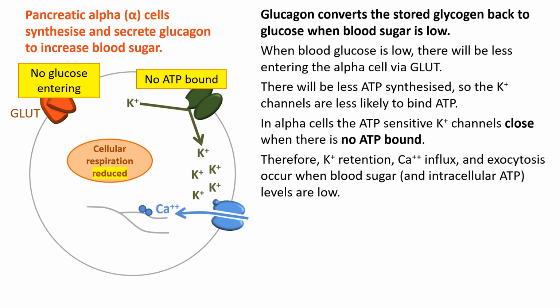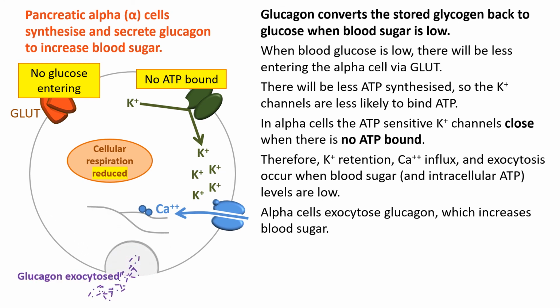And just like in our beta cells though, if we close that potassium channel, we're going to retain potassium. When we retain potassium, it gives us a small area of depolarization. That area of depolarization then causes our calcium channels to reach threshold, calcium channels open, and we have a calcium influx. That calcium influx is going to stimulate exocytosis.